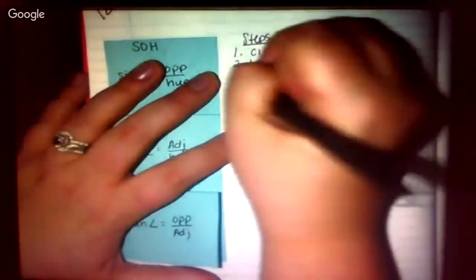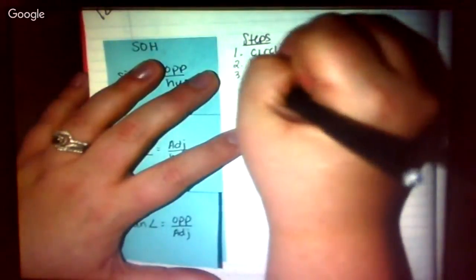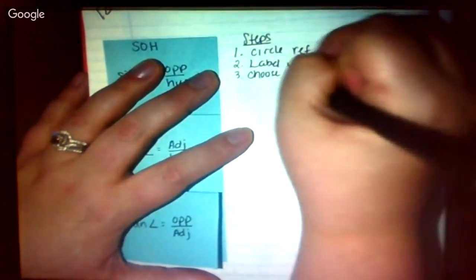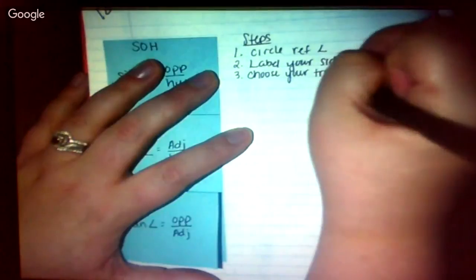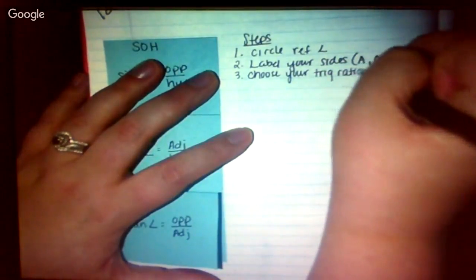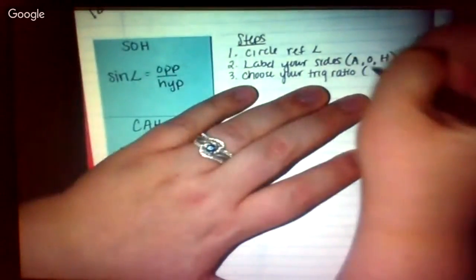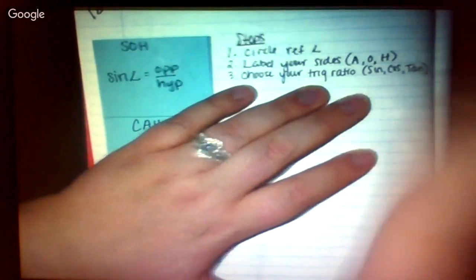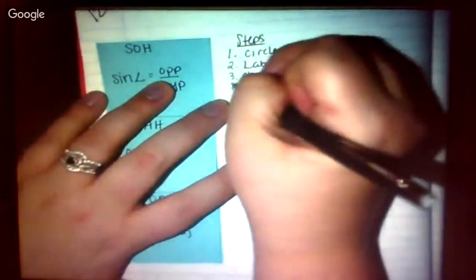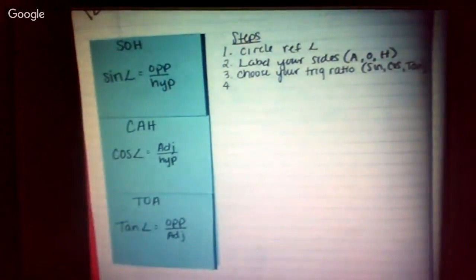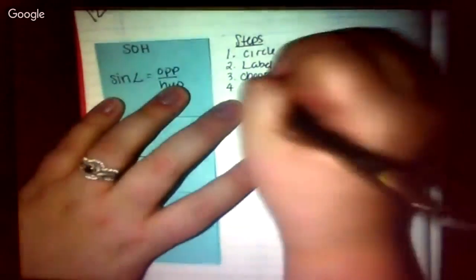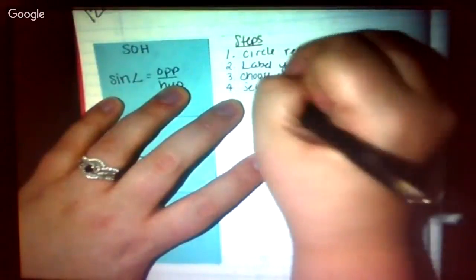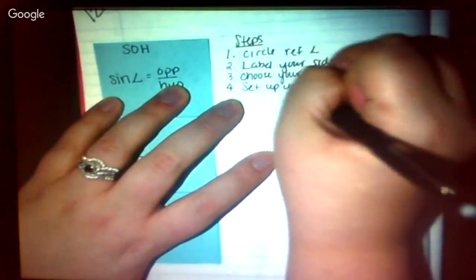Step 3, choose your trig ratio. Okay, and again, you've got your options of sine, cosine, or tangent. Step 4, set up your proportion.